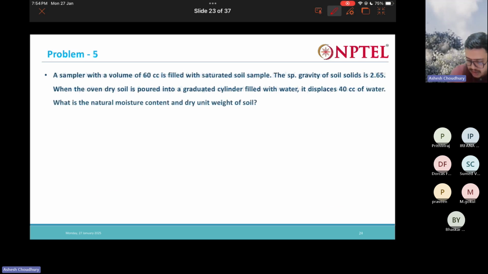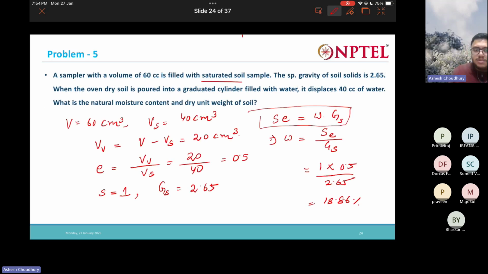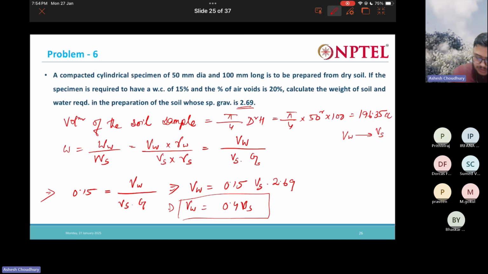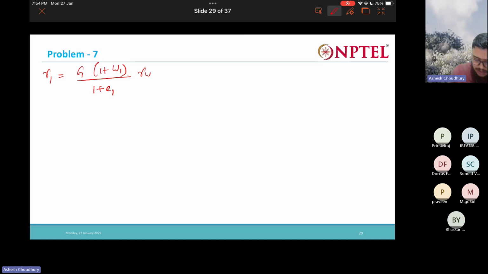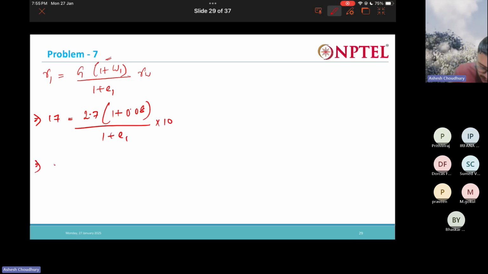So we just use this particular relation, S e is equal to w into G, this he used here in the numerator. So this is 17, it is given in the question, 2.7, 1 plus 0.08, all given in the question, 1 plus e1 into 10. So from here I can get the void ratio of the borrow pit.